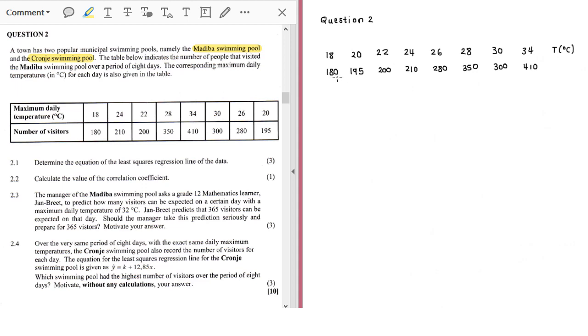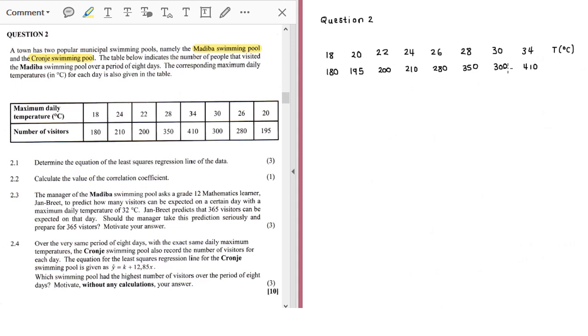We see it's increasing, and then over here at 28 degrees Celsius we have 330, but then after that it goes down to 300. So we can sort of think to ourselves now that because of that, there isn't really going to be such a strong correlation between what the temperature is and how many people actually visit the swimming pool. There are other factors that are in play here that are contributing to when people actually decide to come to the swimming pool.